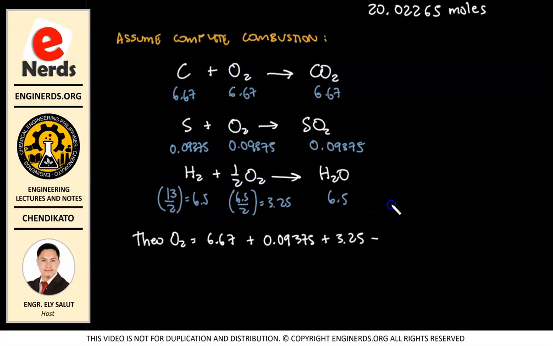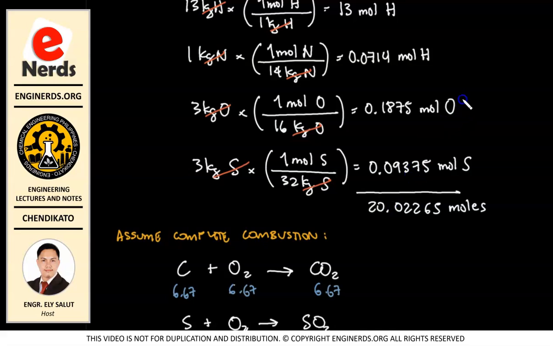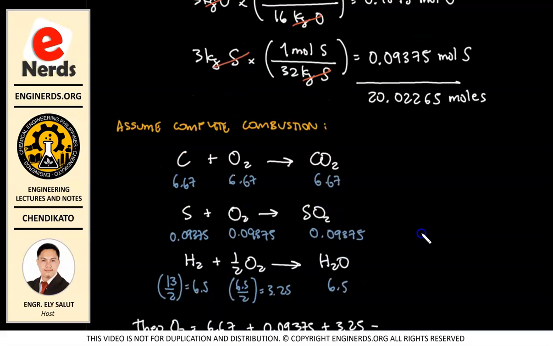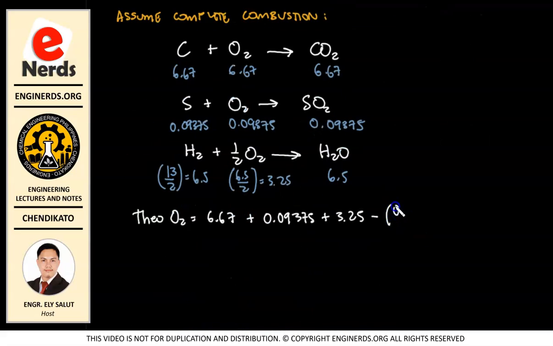Then we have to subtract the O2 in our fuel. In our fuel, we have 0.1875 oxygen, which is only one atom of oxygen, so we have to divide this by 2 because we are working with O2. So 0.1875 divided by 2. That is how we get our theoretical O2.